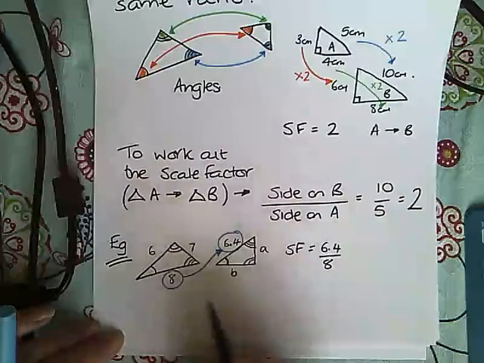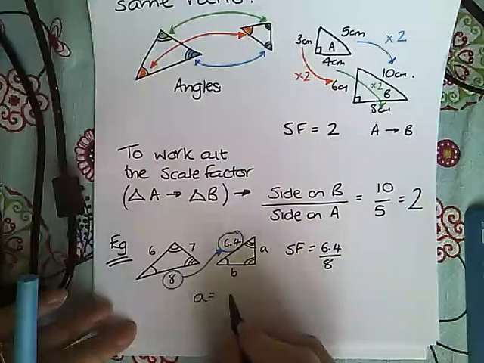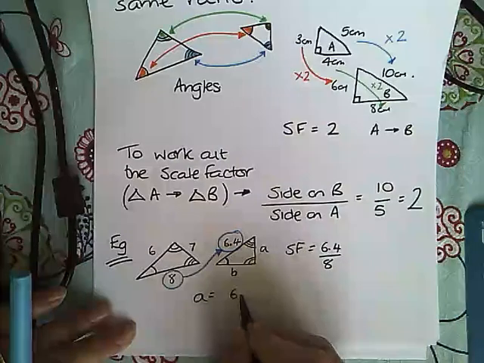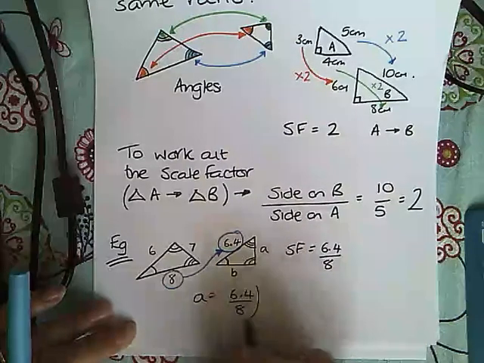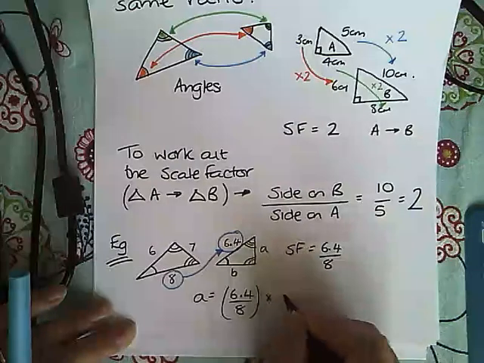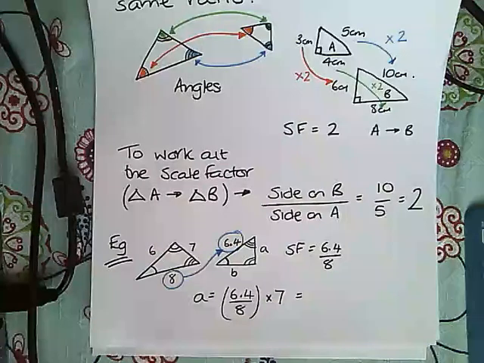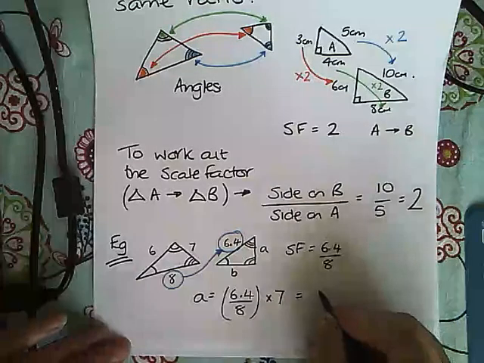So to work out what A is, my scale factor is 6.4 over 8. I'll just do this on my calculator, and I'm going to times it by 7. If I do that on my calculator, 6.4 over 8 times by 7 gives me an answer of 5.6.